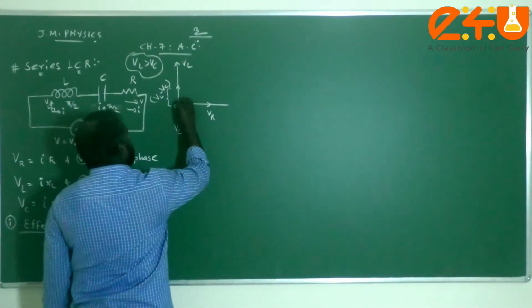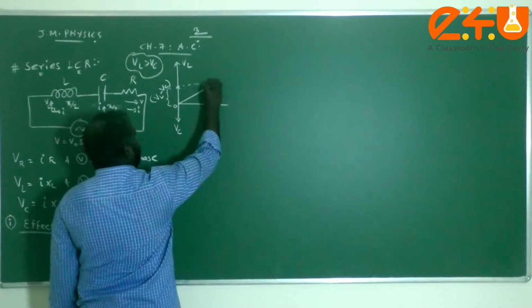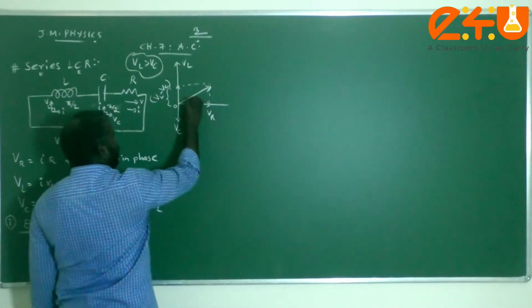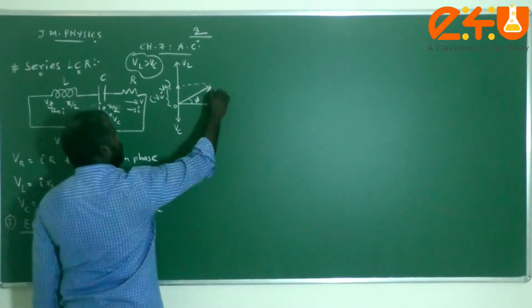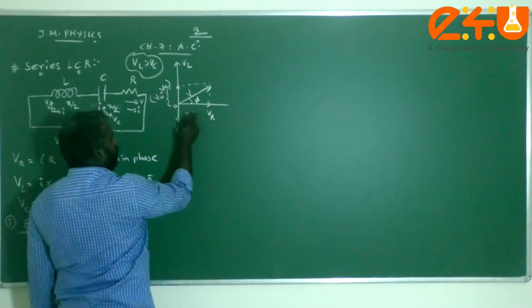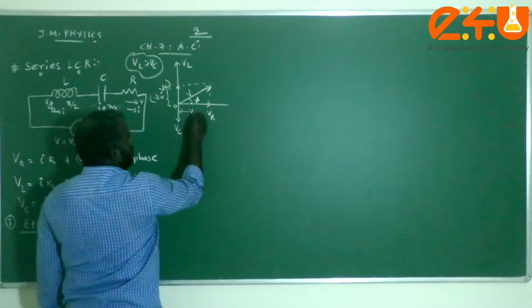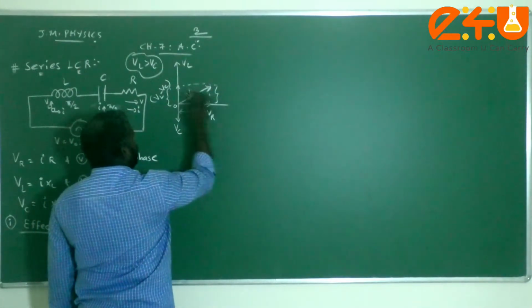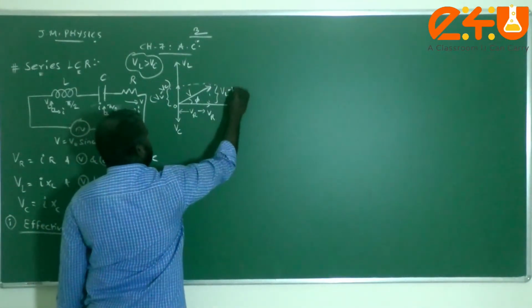Now we can form a right angle triangle. The hypotenuse is taken as V effective, this side is VR, and this is VL minus VC.